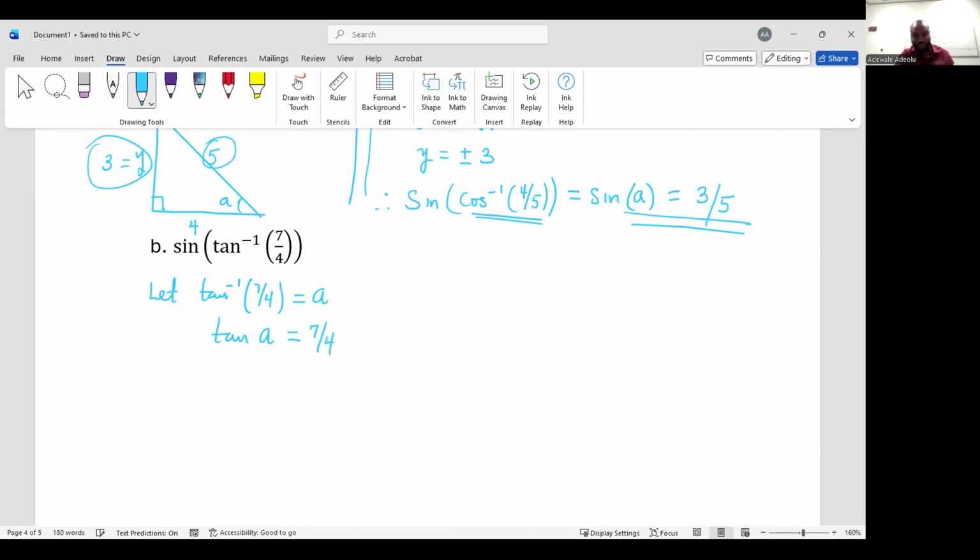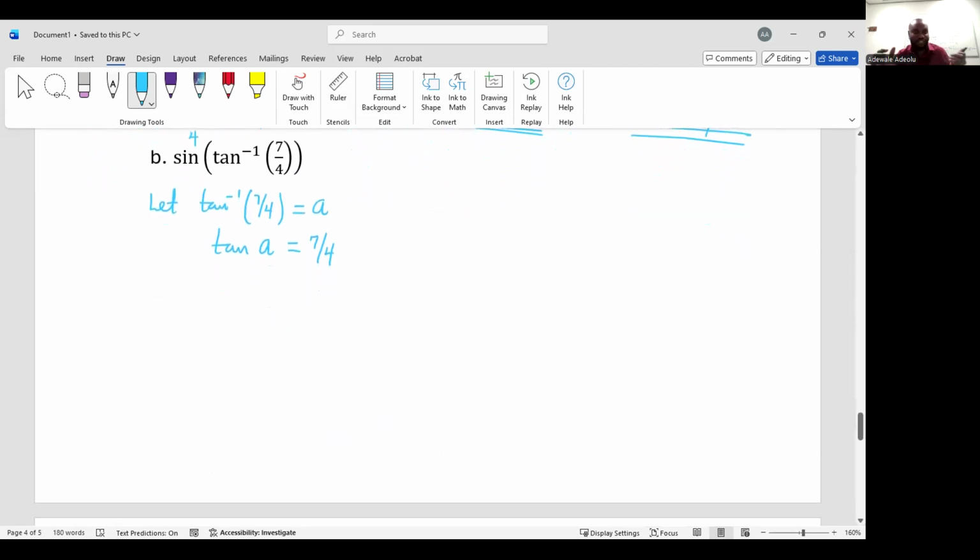Again, we cannot return to the unit circle because 7 over 4 is not a special value on the unit circle, so we can do this. If I call this A, tangent is opposite, which is 7, over adjacent, which is 4. Let's call this side B. I can call it anything.